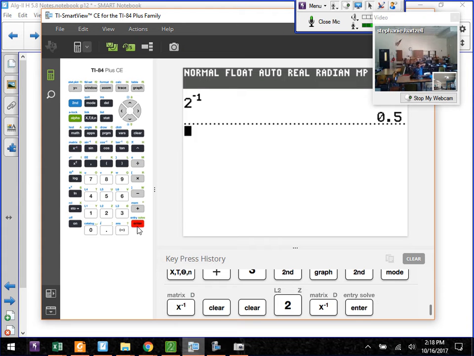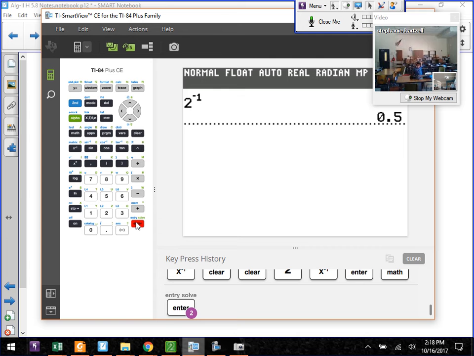It's going to automatically, on this calculator, pump out 0.5. Do you remember how to change that back to a fraction real quick? Or you can do it quicker by just doing math and enter. You're right, though. There's nothing wrong with that. Math enter, we'll switch it back to a fraction, if it's a fractionable offense.